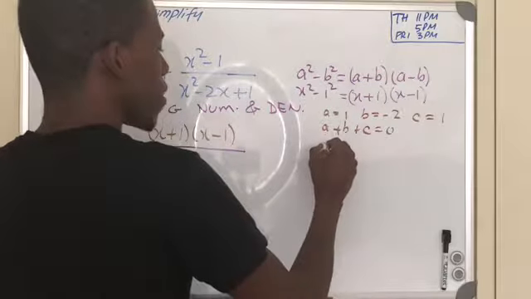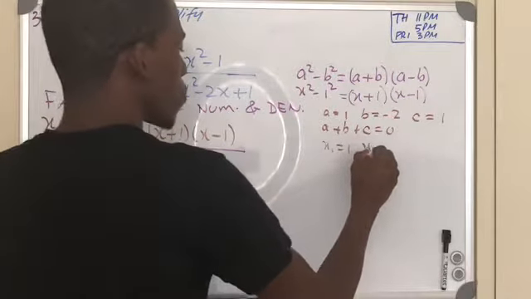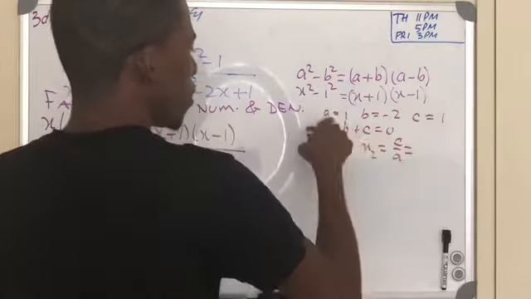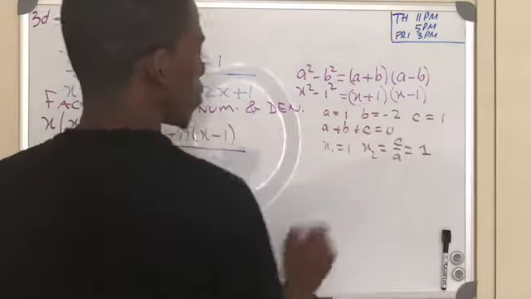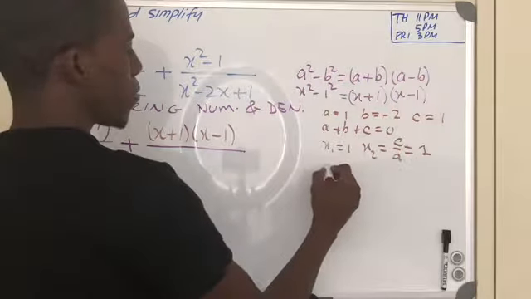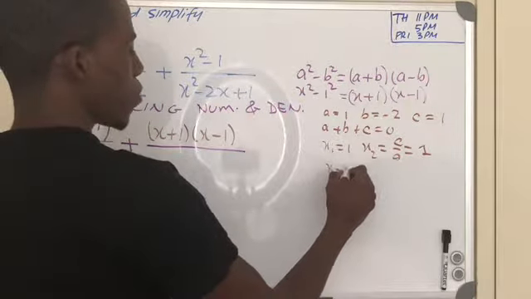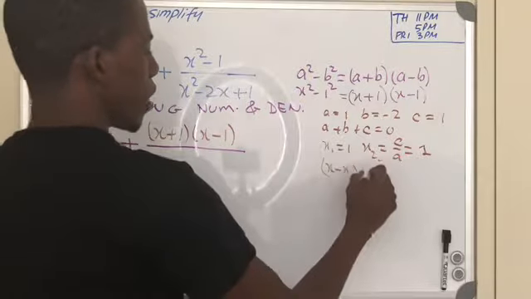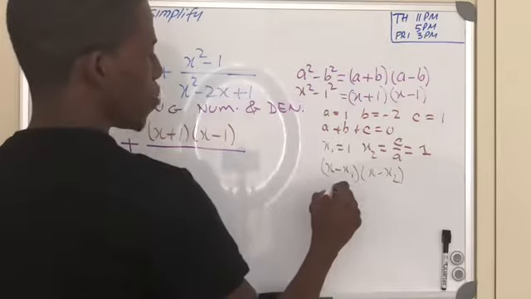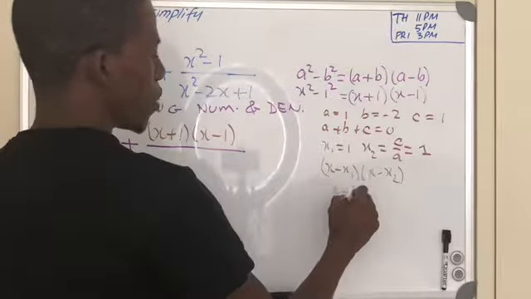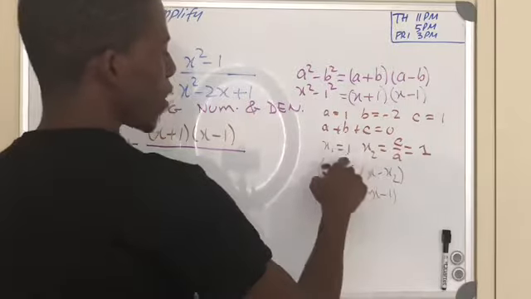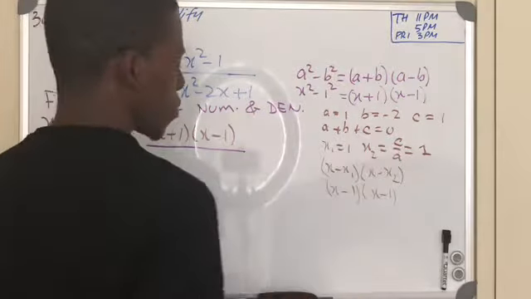Okay, so I can say x1 equal to 1, x2 is equal to c over a, which is 1 over 1, equal to 1. So my factor is going to be x minus x1 times x minus x2, which is going to be x minus 1 times x minus 1, because I have 1 for both solutions.